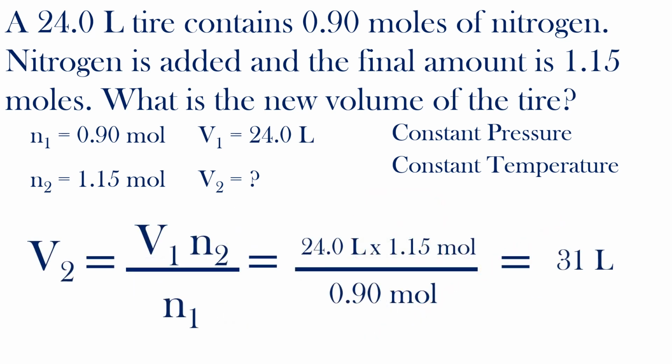I can insert the initial volume times the final moles divided by the initial moles. This gives me a final volume of 31 liters. This makes sense. More moles of gas are added, thus the volume increases. Volume is directly proportional to the moles of the gas.